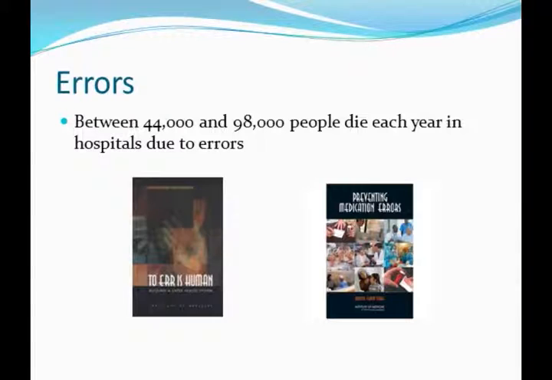This is a really large number. In fact, there have been considerations that a way to emphasize this number is to consider how many 747s crashing this is equivalent to, because, just to emphasize, almost 100,000 people are dying each year.